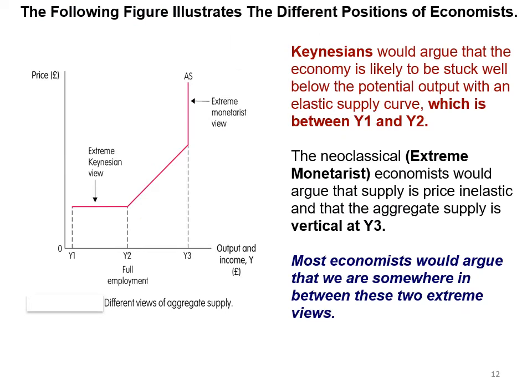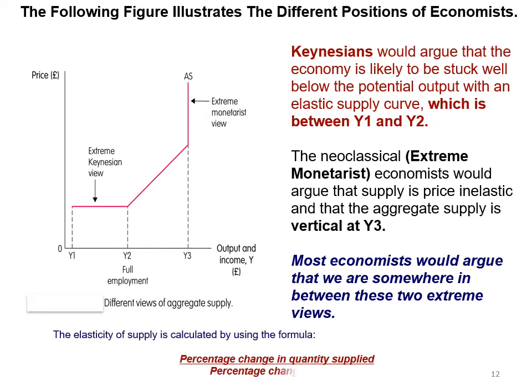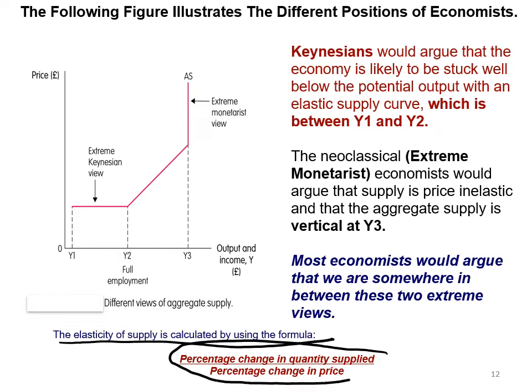Pretty fascinating, right? Now, ladies and gentlemen, please don't forget from microeconomics that the elasticity of supply is calculated using the formula percentage change in quantity supplied divided by percentage change in price. Remember that from microeconomics? You do that, you get your aggregate supply elasticity, in this case our long run aggregate supply elasticity.